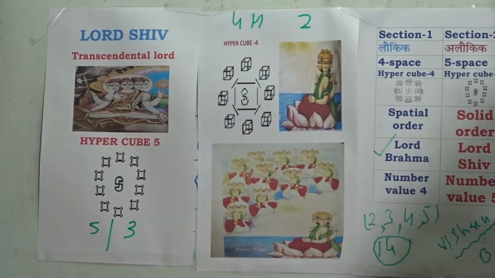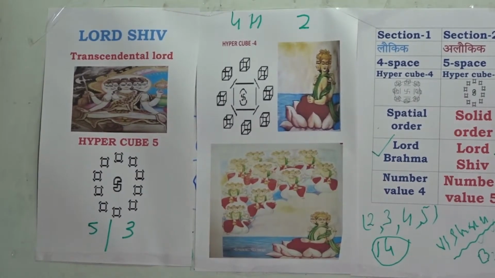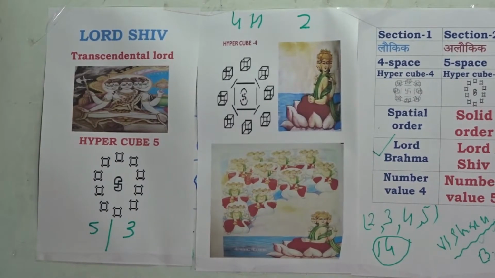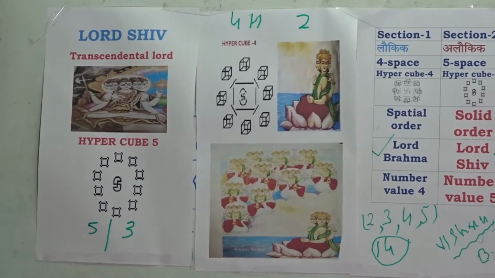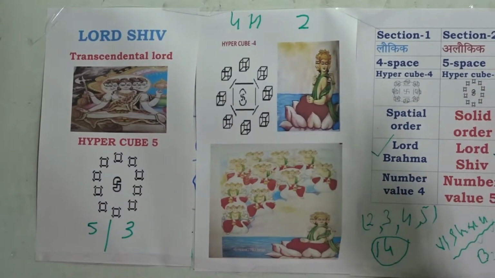Therefore, the students of Vedic mathematics have to learn this particular technique of meditating transcendentally. Transcendental meditation is the meditation the way Lord Brahma multiplies as 10 Brahmas.